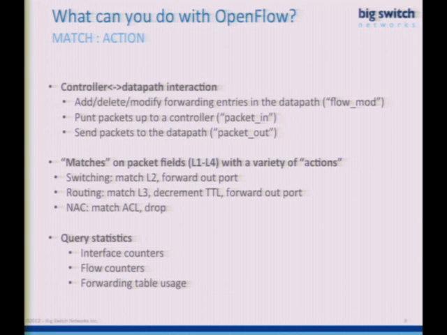So essentially, any packet that comes into the switch, it will look at its table, and depending on whether or not the switch knows what to do with that packet, it will either do what its table tells it to do, like send it out a port, or drop that packet, or rewrite the header, or if it doesn't know what to do with it, it'll ask the controller for instructions, and the controller will tell it what to do. So you get really fine-grained access to what's happening on the switch.